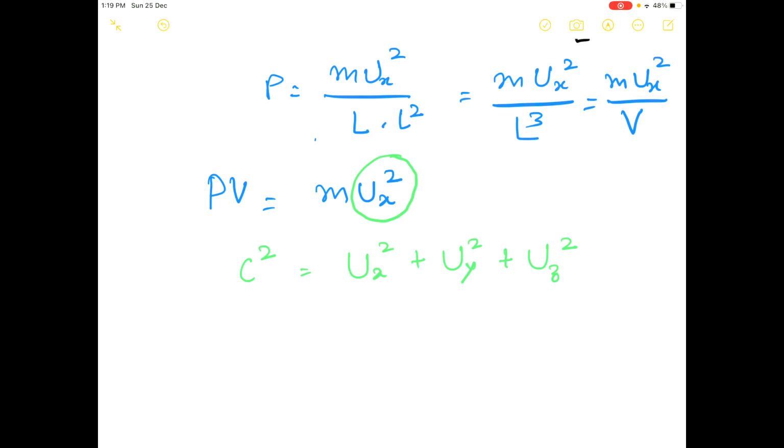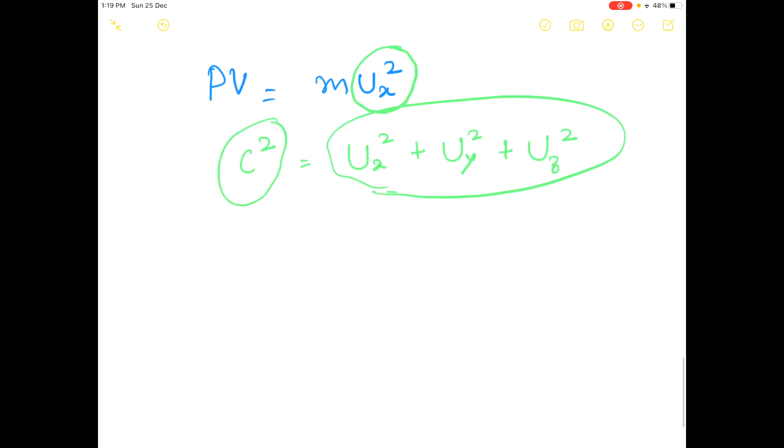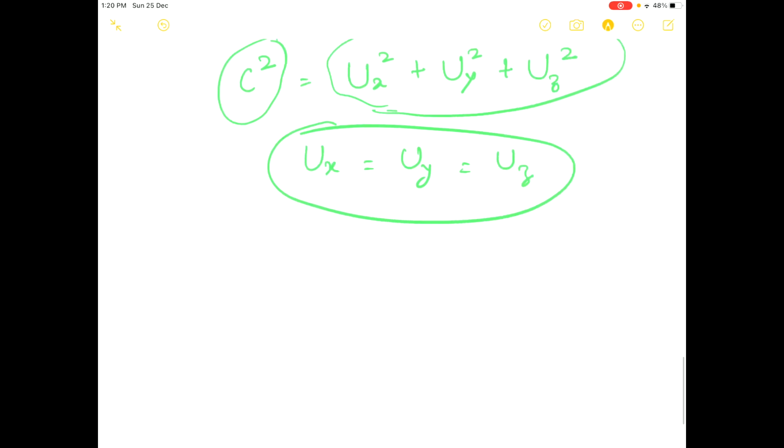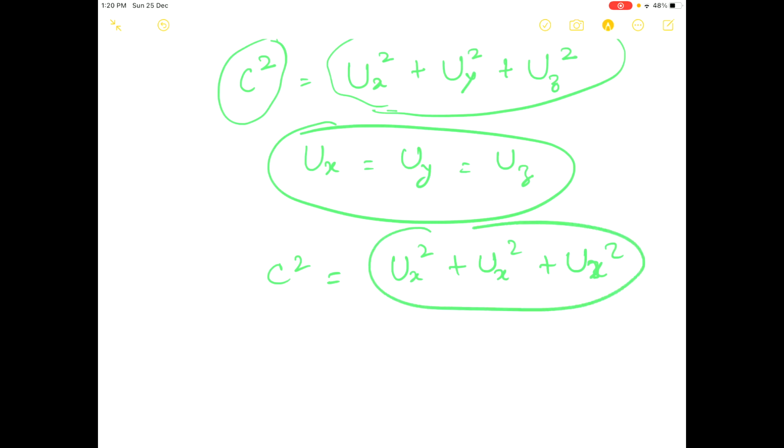By convention we know ux is equal to uy is equal to uz. All three velocities are equal. Then we can write it as ux square plus ux square plus ux square, which is equal to 3ux square.